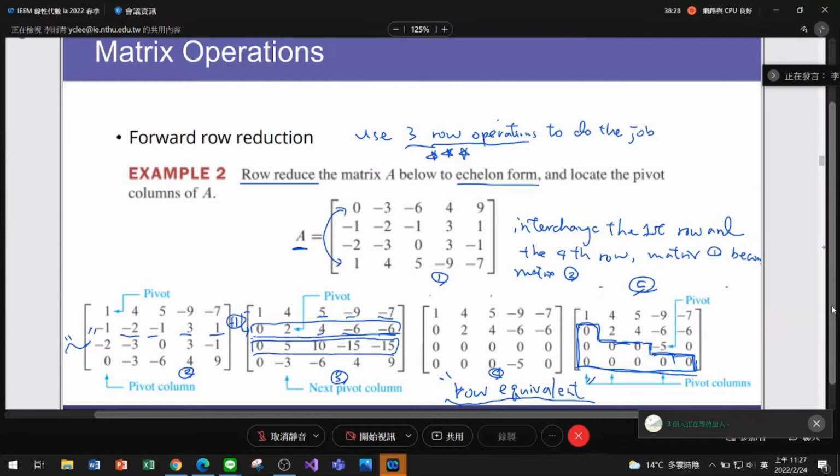And then in order to replace the third row, I need to multiply the first row by +2.